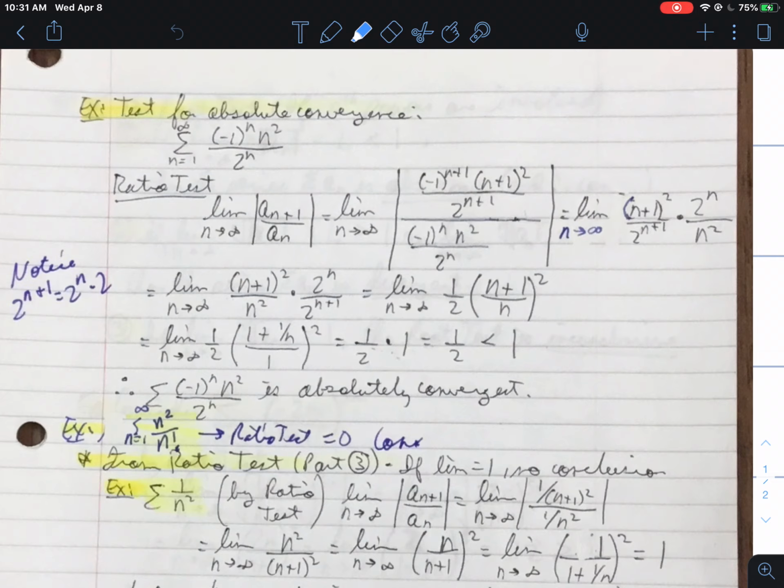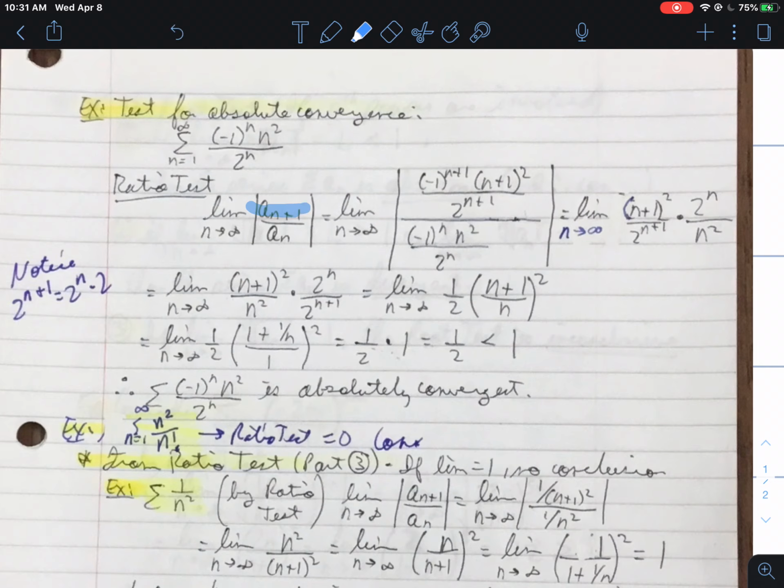We'll see. So the ratio test says, and now what is the ratio test used for? The ratio test is used to determine absolute convergence. And if I have absolute convergence, then I get convergence. So I look at the limit as n approaches infinity of a sub n plus 1 over a sub n. So what is a sub n plus 1? Well, it's exactly that. It's the n plus 1 term of your series.